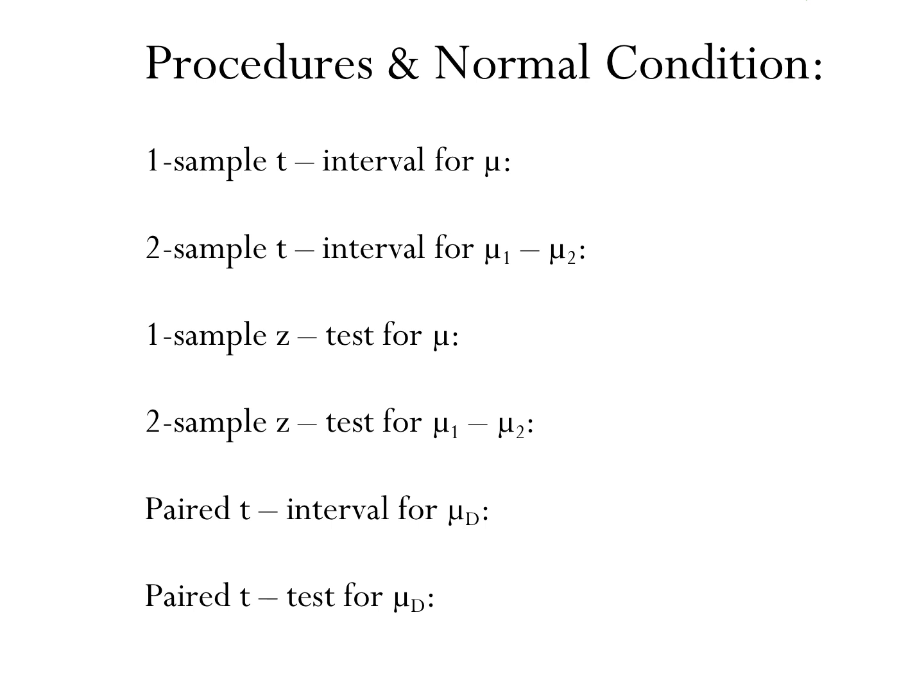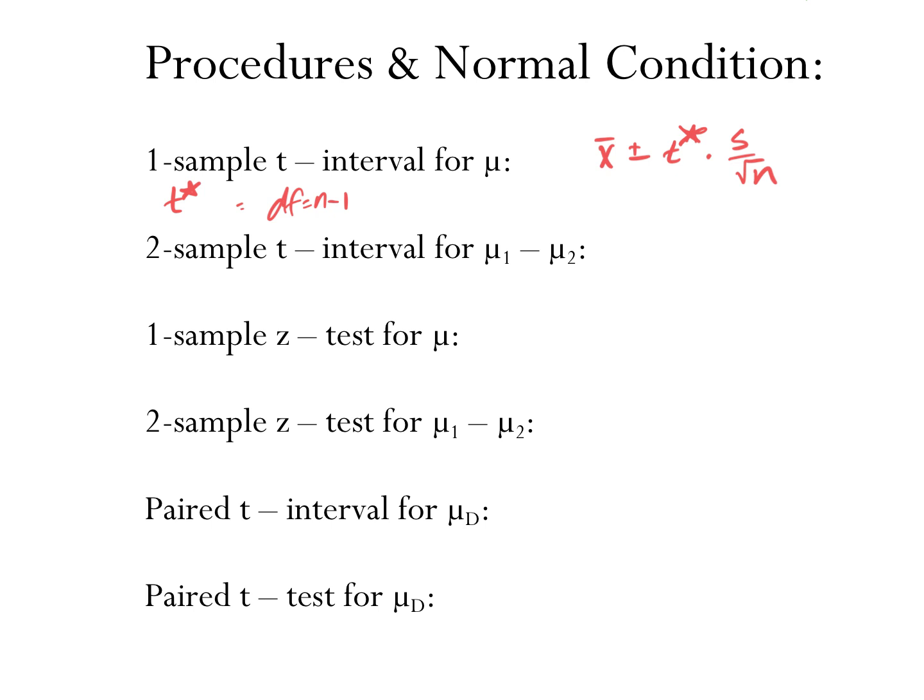So we have a t interval for mu, and that is x bar plus or minus t star times s over the square root of n. And a reminder for that t distribution that your degrees of freedom is equal to your sample size minus 1 when we're dealing with means.